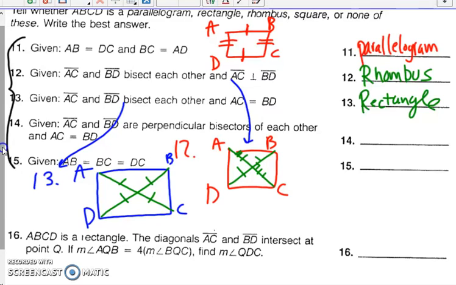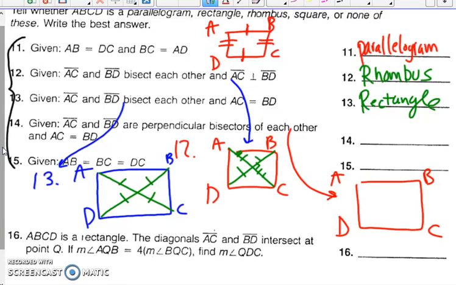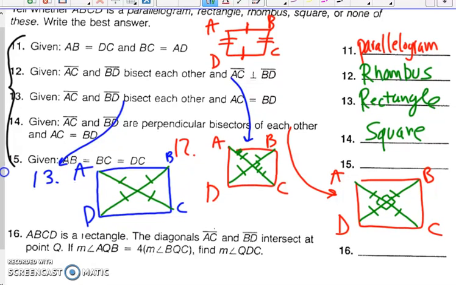Okay, for 14, I'll draw it over here. It's very similar to 13. The only thing we're adding is that not only are they congruent and not only do they bisect each other, but they are also perpendicular. This will force ABCD to be a square. I want to leave 15 blank for now. You can ask your teacher about it in class.